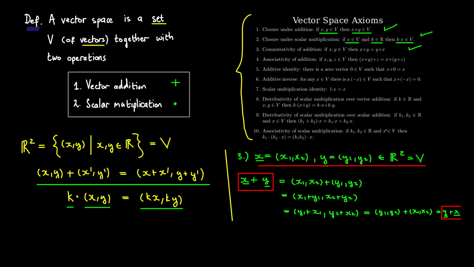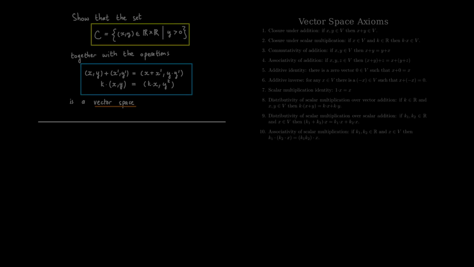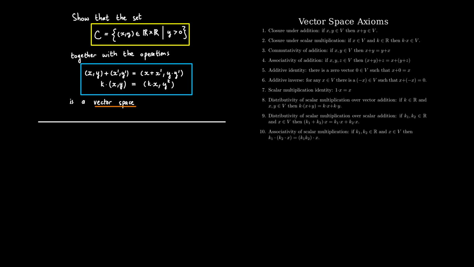Okay, so now let's take a look at a more complicated vector space. So what I want to show you next is that we can have vector spaces which really aren't as easy as the previous example. So for example, let's take a look at this vector space here. Well, we're going to show it's a vector space.